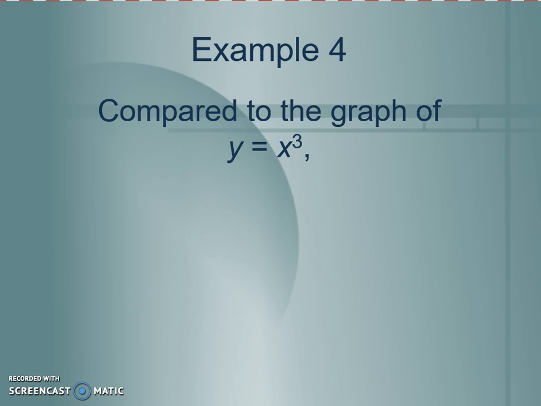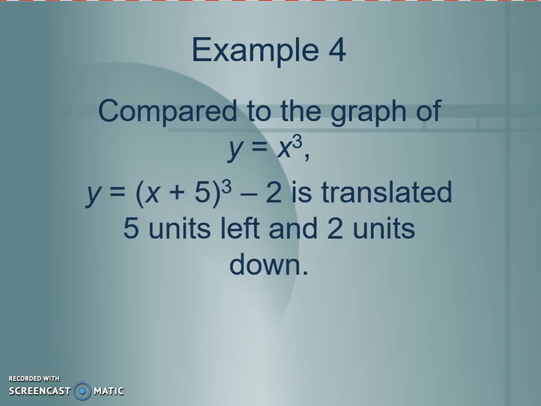Then we have, compared to the same base graph, y equals the quantity of x plus 5 cubed minus 2. So this positive value tells us we are going to go to the left 5 units. This negative value tells us to go down 2.